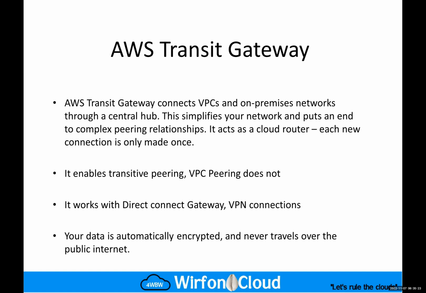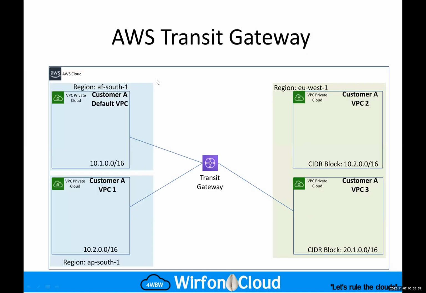It also provides security for your data, as it is automatically encrypted, and this data does not travel over the public internet. So if I need to connect 3 VPCs, for example, I don't create a connection between every pair of them.